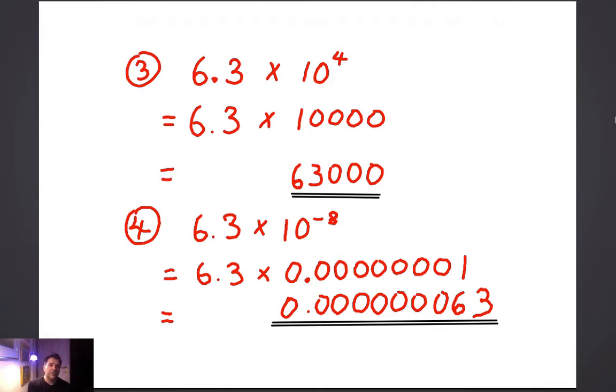Number 4, 6.3 times 10 to the power of minus 8. So that's the same as 6.3 times 0.00000001. That's a number that's got 8 zeros in it, including the one before the decimal point. And that's the same when you multiply it out as 0.00000063.